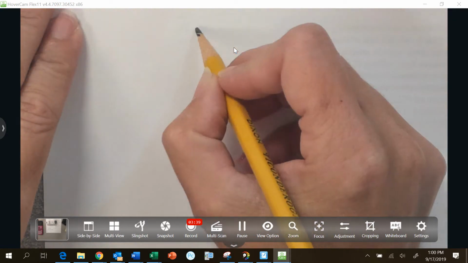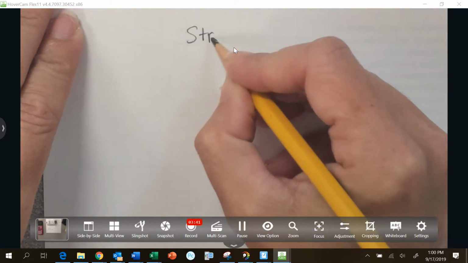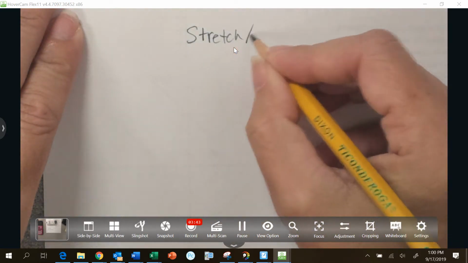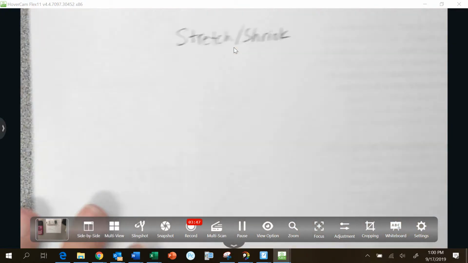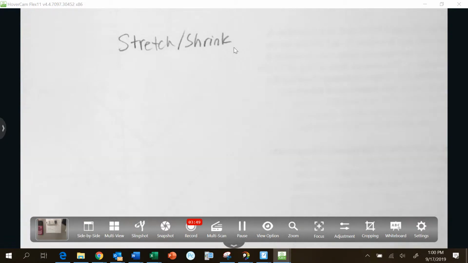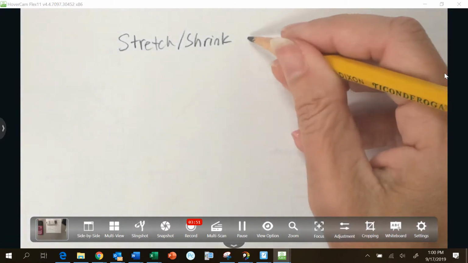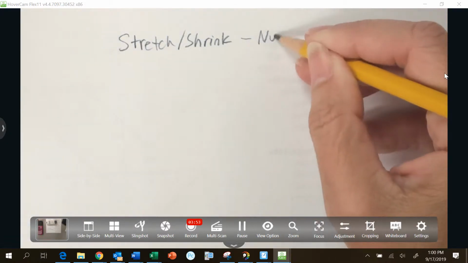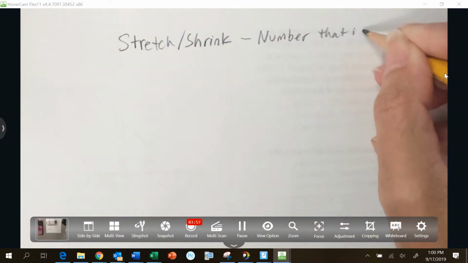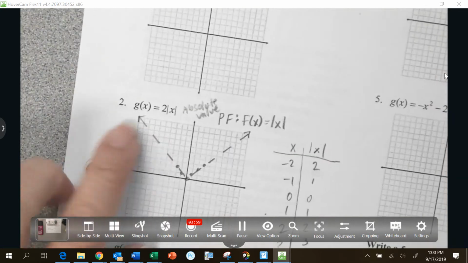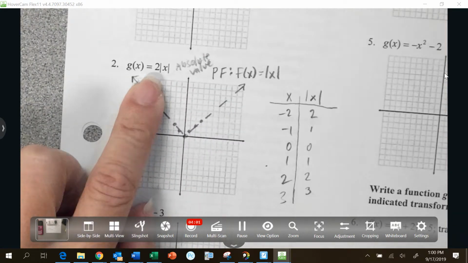If you have a stretch or a shrink, any kind of stretch or shrink, that's going to be a number that is doing what in the equation? What's this 2 doing to the absolute value of x?